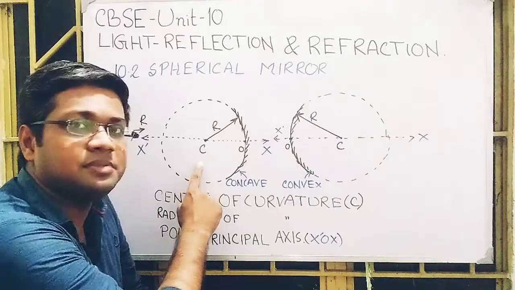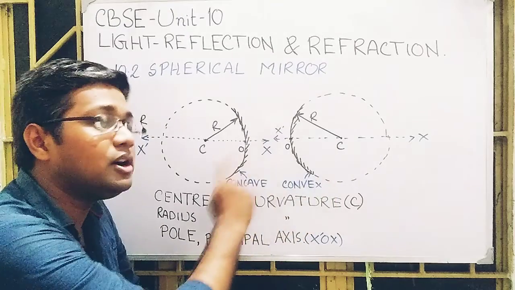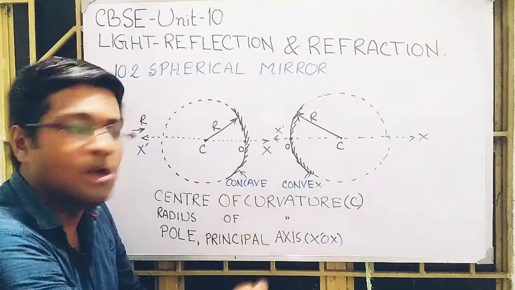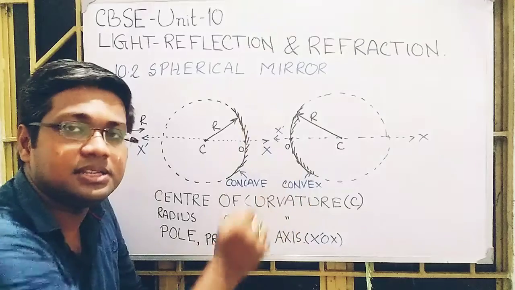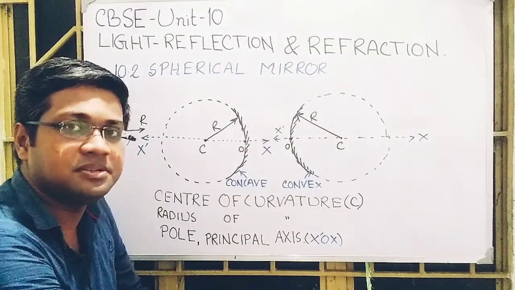It has the center of curvature, it also has the center of curvature. Both are part of a sphere. Both have a radius, and that is called the radius of curvature. Here it is the radius of curvature, here it is the radius of curvature.